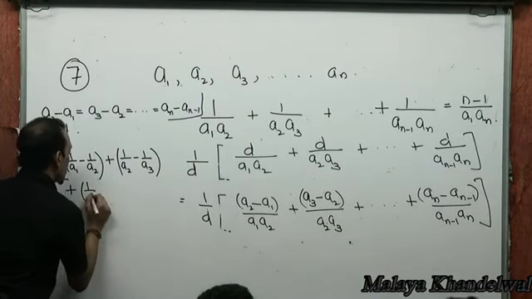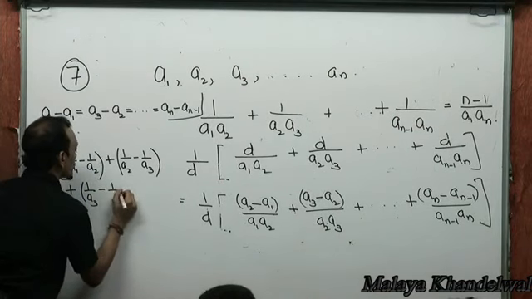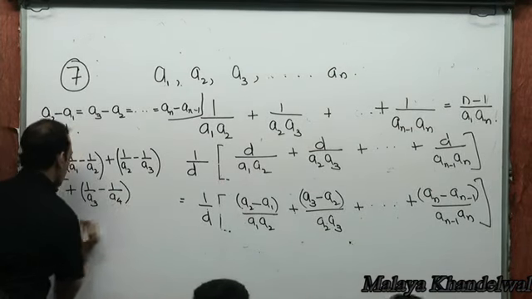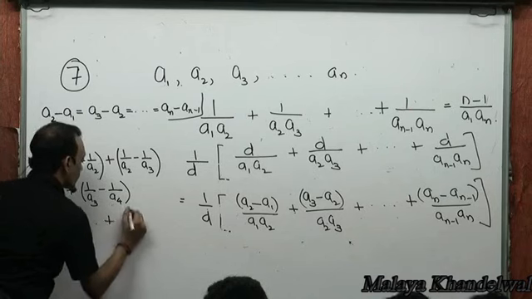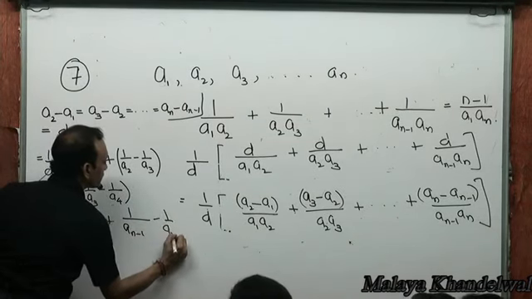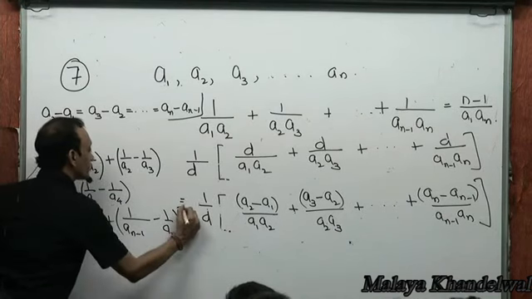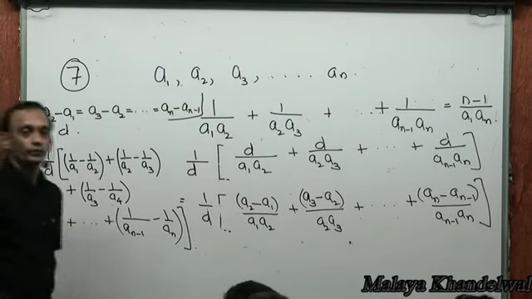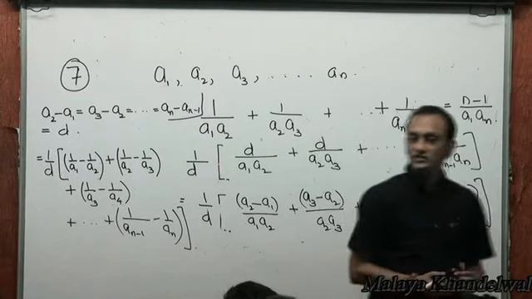Similarly, 1 by A3 minus 1 by A4. Going this way, up to 1 by A(n-1) minus 1 by An. Yes or no?